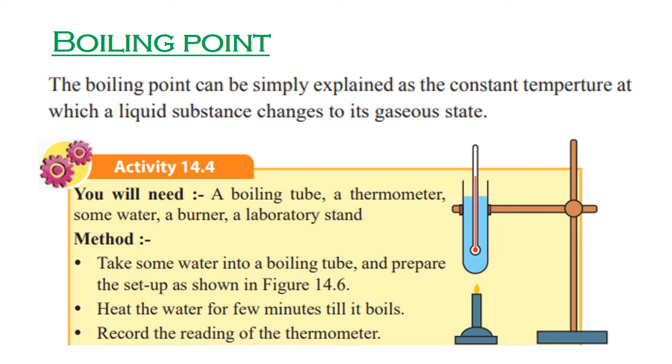It can be observed that the temperature at which water boils, when bubbles start to evolve, is 100 degrees Celsius. That means at 100 degrees Celsius we can see that reading in this thermometer. At exactly 100 degrees Celsius, the water inside this boiling tube starts to form bubbles.